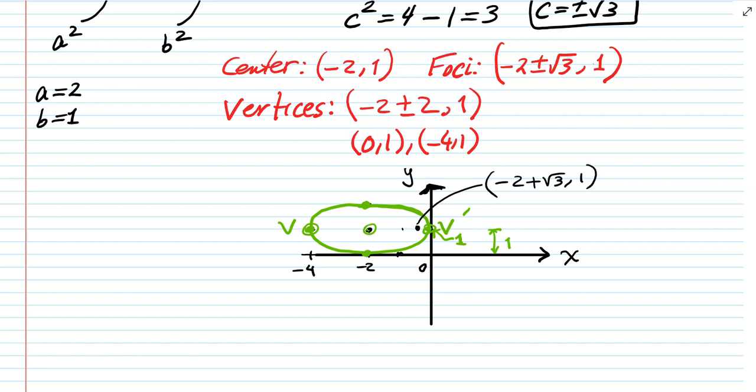That's one focal point. The other focal point is here, which is at -2 minus √3, comma 1. That's about -3.7-ish. And there we have the complete graph and all the key points that we wanted to label.